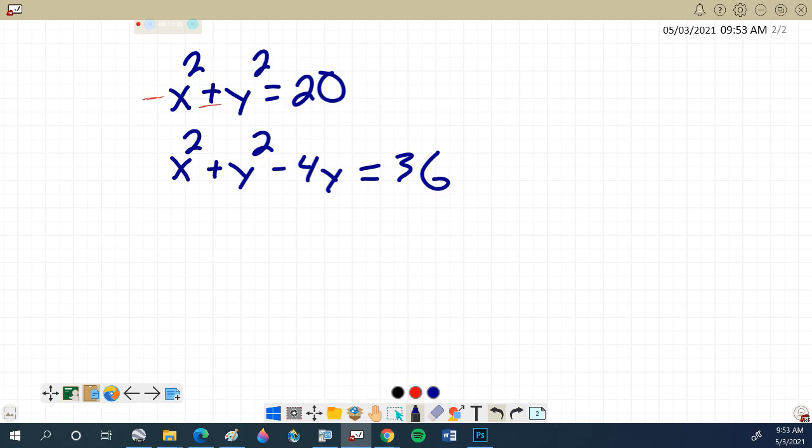So negative, negative, negative. The x's cancel. And the y squareds cancel. So I get negative 4y equals 16. So y is negative 4. Now, how many times can 2 circles intersect?